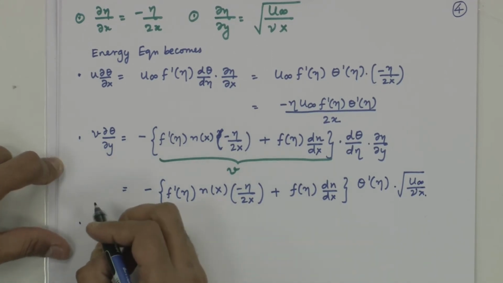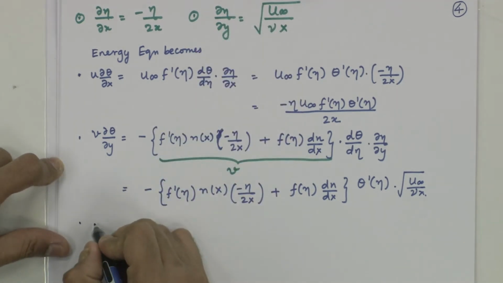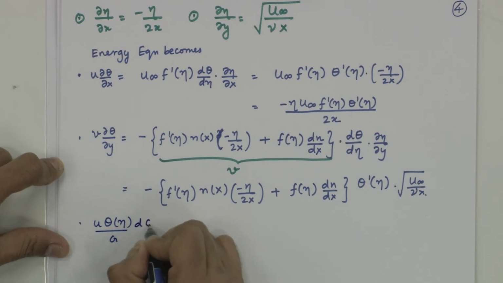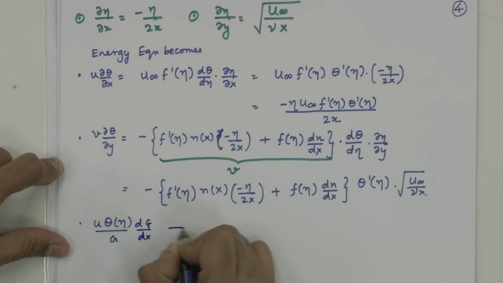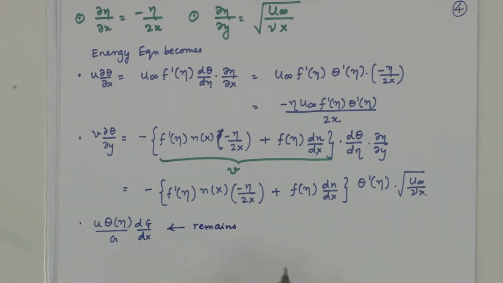Third term remains as it is, u θ η by g dg/dx just remains as it is. Okay.